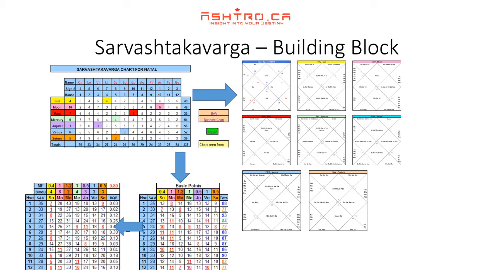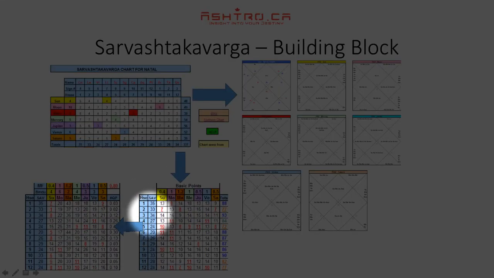Or basically A is the 8th house from the house under focus, B is the house that we are focusing on, and C is the 5th house from the house of focus. Now, I will be covering this in detail in my next course, but for now, we have to just understand that the basic points is the planet's own strength.